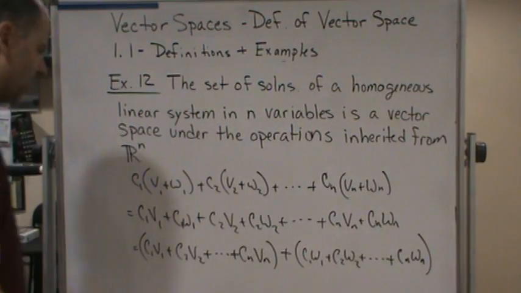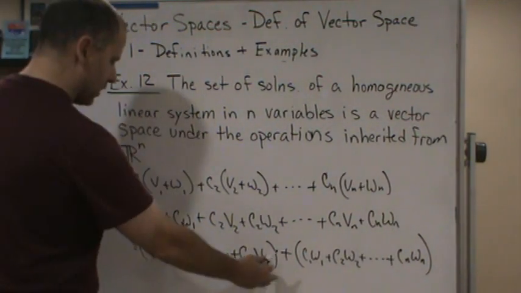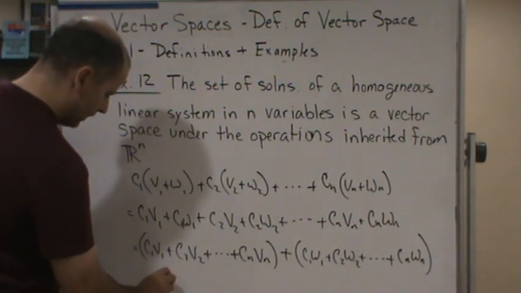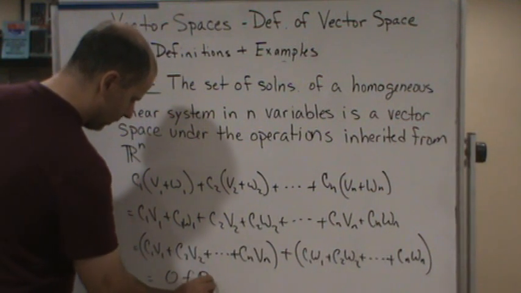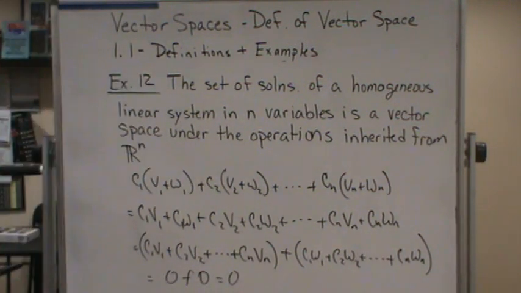And of course, because we know that these two vectors satisfy the equations, we get 0 plus 0, which equals 0. And all the rest of the conditions follow similarly and are just as routine.